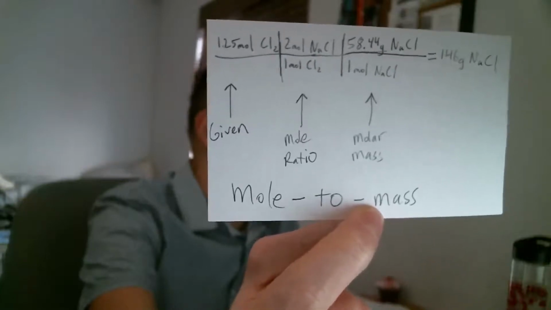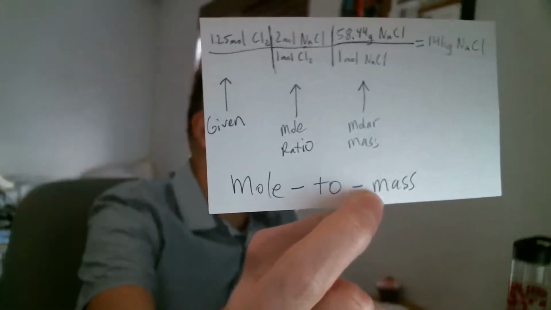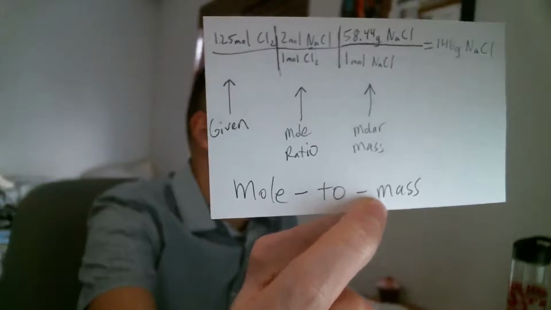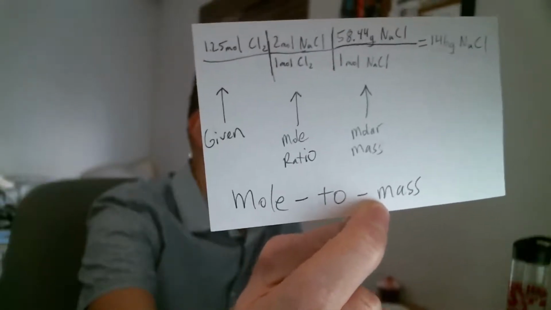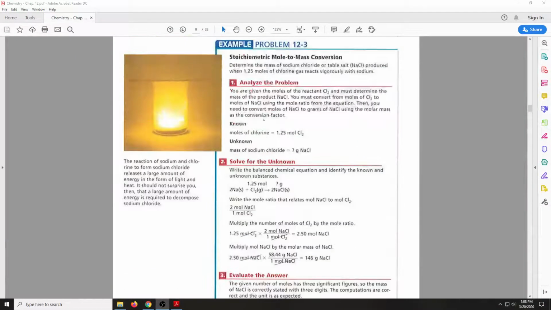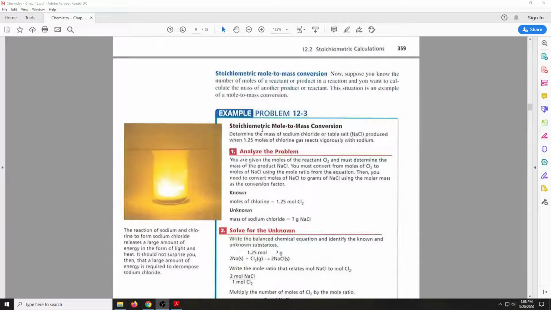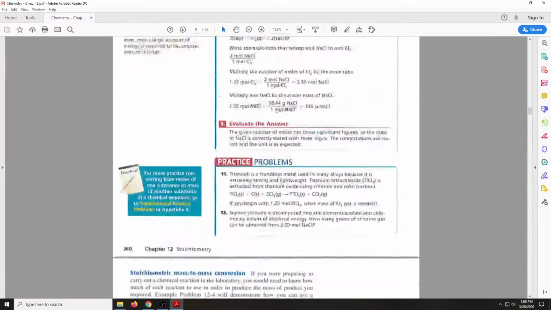It's the same math, I just like to do it in one step, but the book likes to separate it. You'll get the same answer either way, and either way is correct, it doesn't matter. So that one is mole to mass.